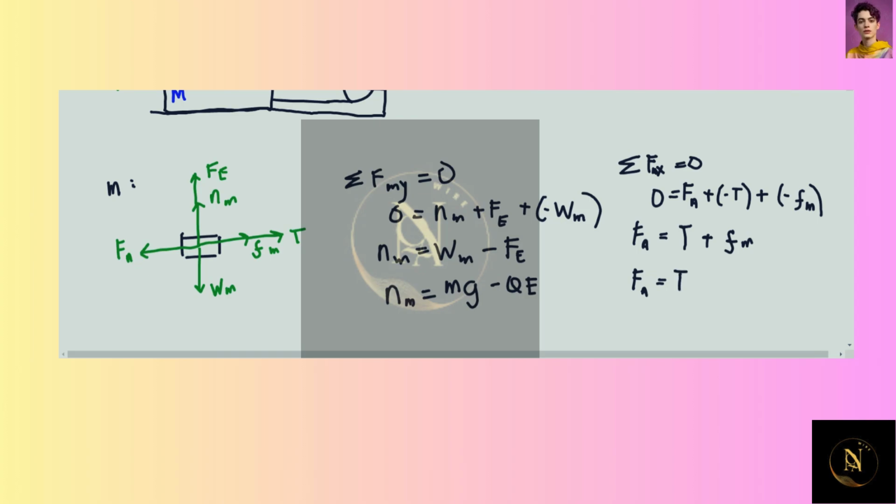And friction is equal to the product of the coefficient multiplied by the normal force. We already obtained an expression for the normal force. We just have to insert it in this equation. Then applied force is equal to T plus mu multiplied by this quantity.